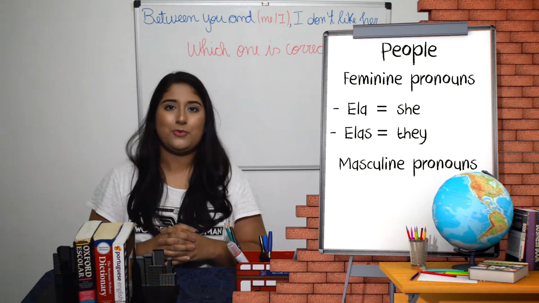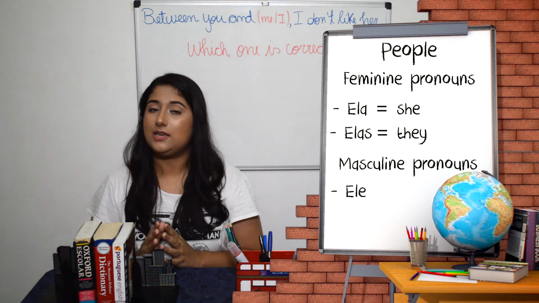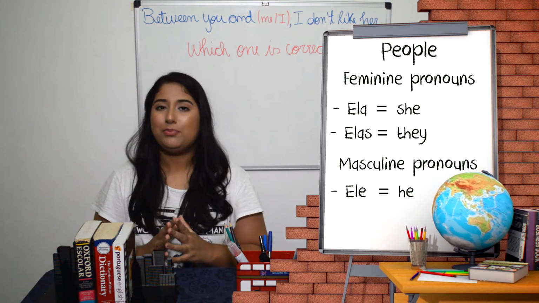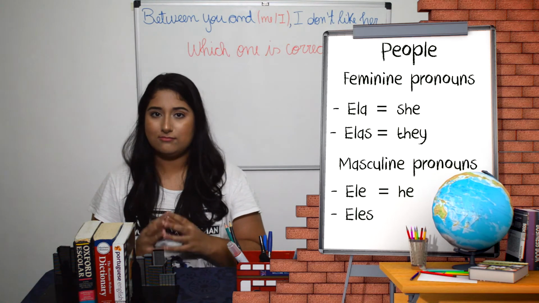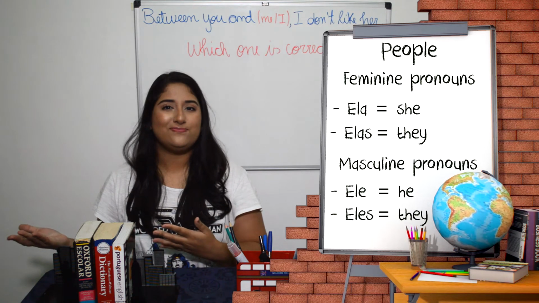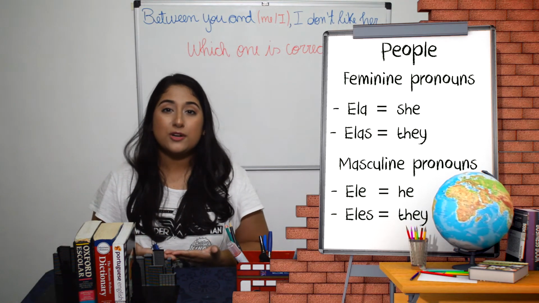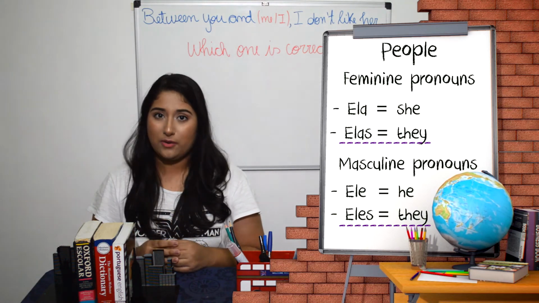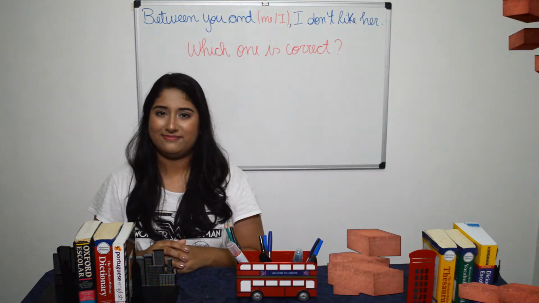In singular, we have ele in Portuguese and the equivalent he in English. In plural, we have eles in Portuguese and the equivalent they in English. See? They works both as elas and as eles, and this is very important, but one thing at a time.